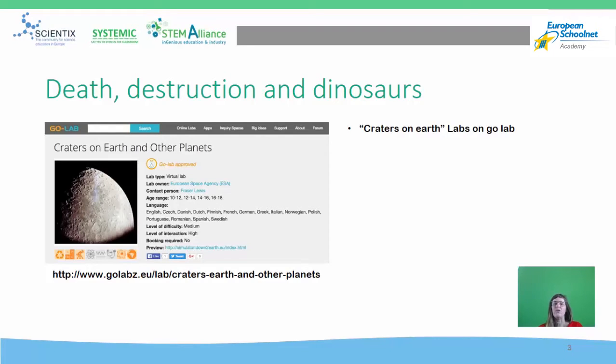When you decide to use one of these resources, you have to be sure that in your school there is computer availability. Or, alternatively, you can ask your students to bring their own device. But another important requirement is, of course, the Wi-Fi connection.